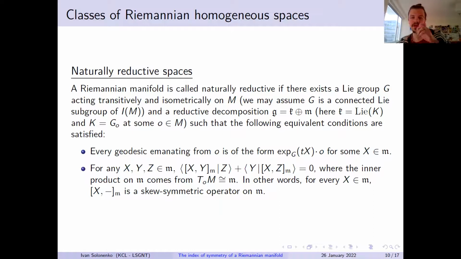So you can still project this bracket onto M, just forget about the K part, and then take its inner product with Z. This inner product is just the inner product on the tangent space at O, because we have an identification between M and the tangent space at O. In other words, for every X in M, the operator where you take a Lie bracket with X and then project back onto M is skew-symmetric. Observe also that symmetric spaces obviously satisfy this as well, because if you take any two things in M and take their Lie bracket, it will lie entirely in K, so its projection onto M will be 0. So you just have 0 plus 0, which is of course 0.